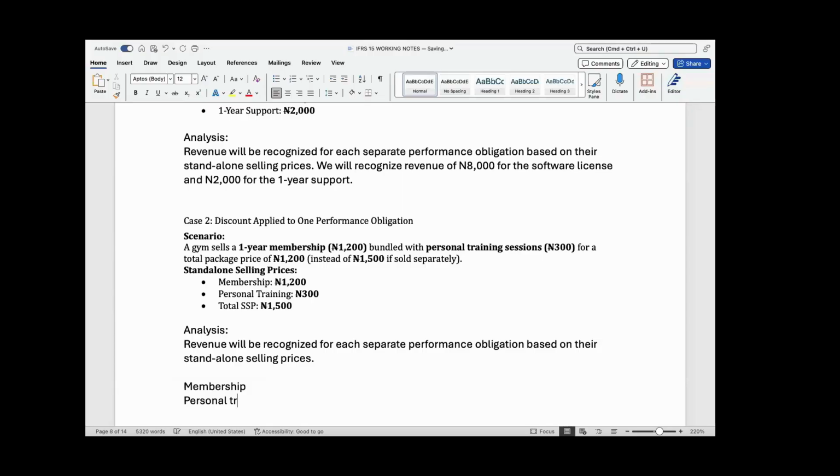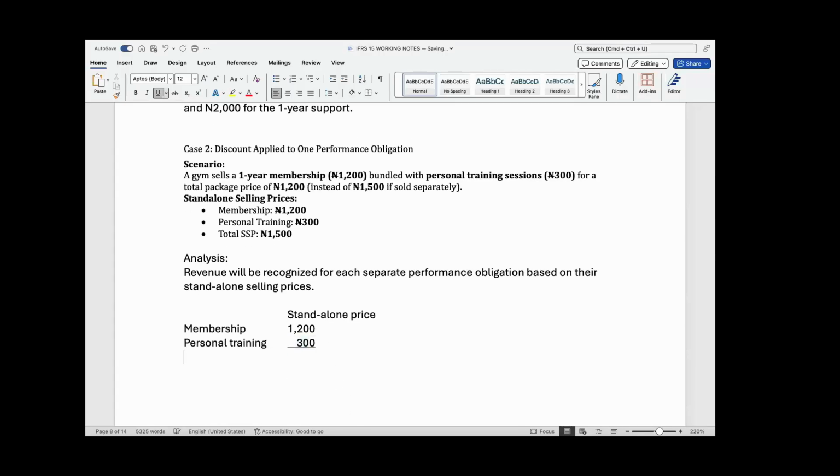Considering that this guy only collected 1,200. So the standalone price for membership is 1,200. The standalone price for personal training is 300. Ordinarily, the total standalone price as given to us is 1,500.